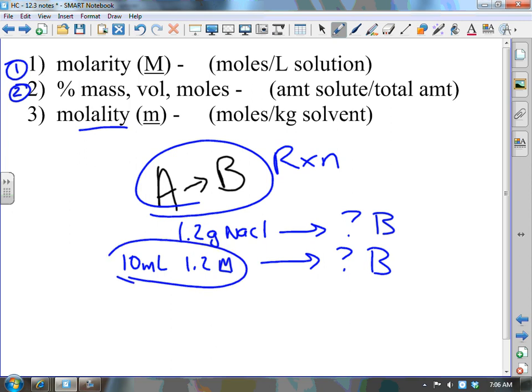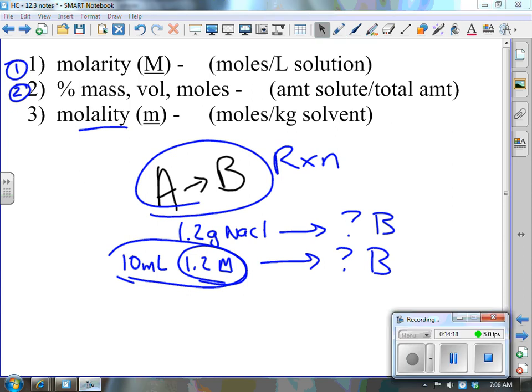We go moles to mass to whatever else we need to. Obviously, to get there, we need to use the molarity, which is our conversion factor. So the second video will briefly talk about how we can incorporate this within A to B reaction calculations.